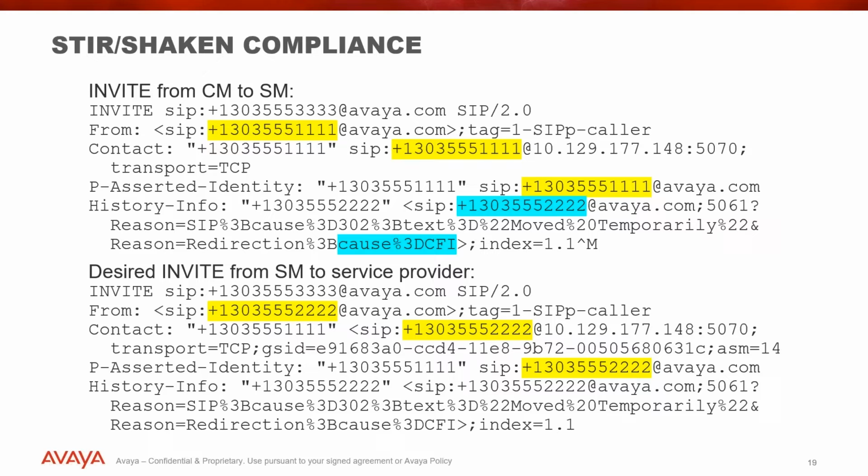That's the number of the endpoint that's got call forwarding active. That's what you want to put in the caller ID so that the service provider does not reject your invite. So the desired invite is going to have the number ending in 2222 in the From, the Contact, and the PAI.